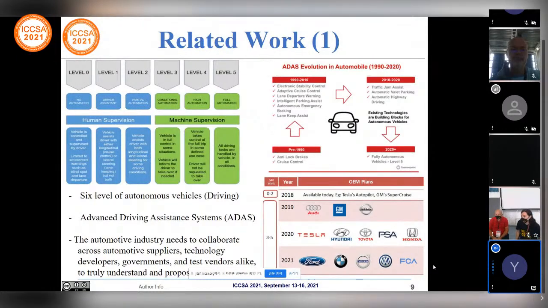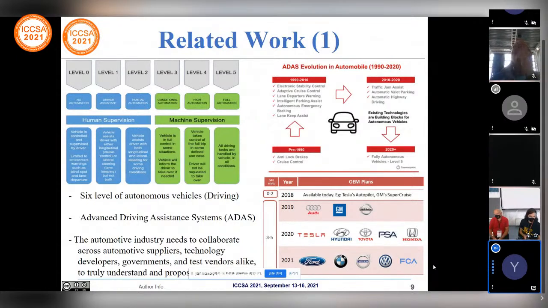We talk about the six levels of autonomous vehicles. From level 1 to level 3, it is human supervision in the first figure, and from level 3 to level 5, it is machine supervision. In level 0, there is no automation. Level 1 is driver assistance, so the vehicle assists the driver with longitudinal or lateral control.